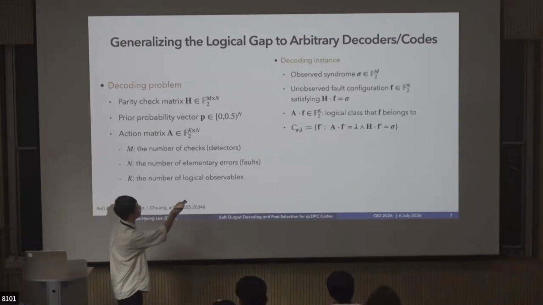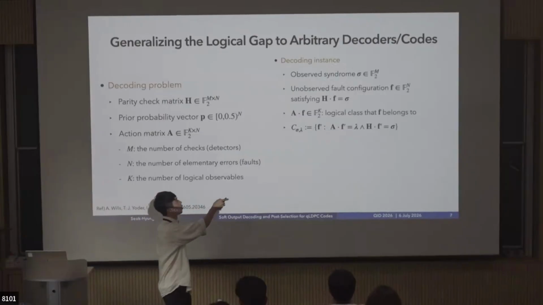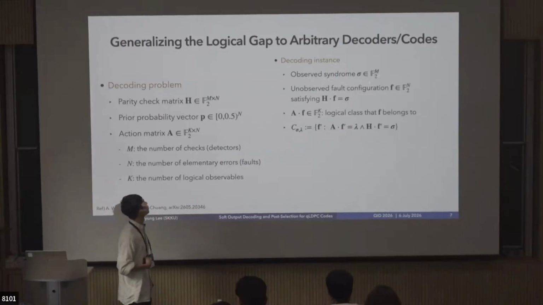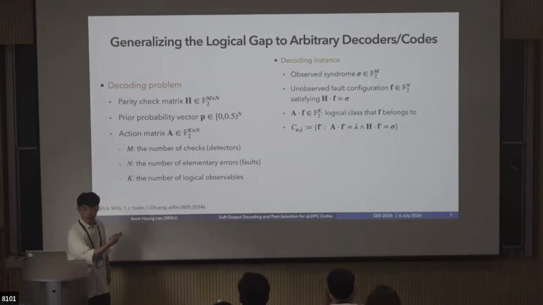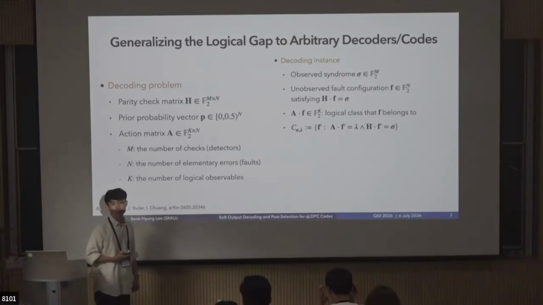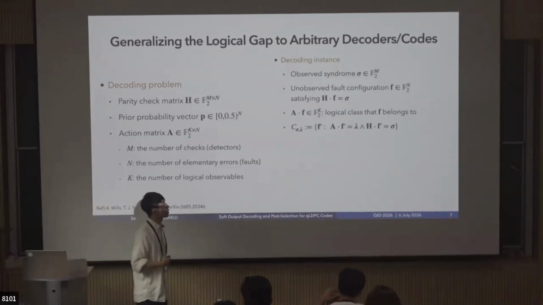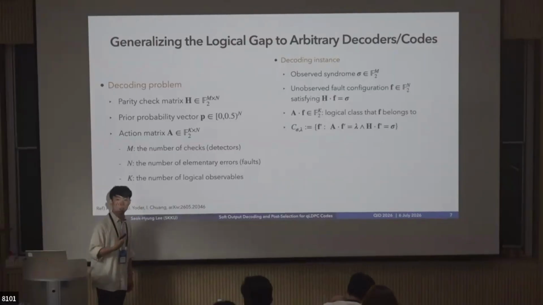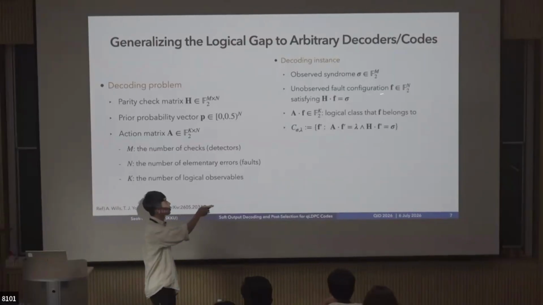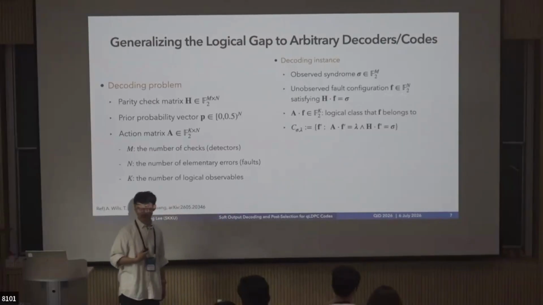It is characterized by, first, the syndrome data, an observed syndrome, which is a binary vector of dimension m, where m is the number of checks. And we also have the fault configuration that we cannot observe. This can be denoted as an n-dimensional binary vector.